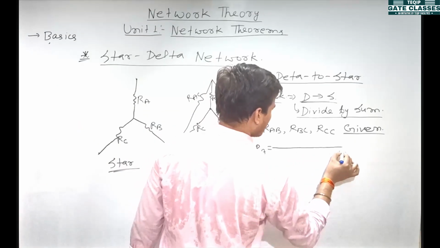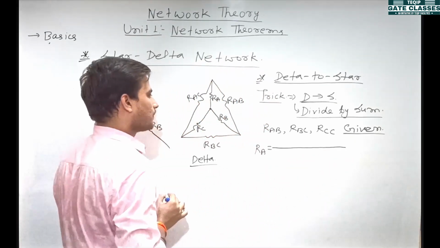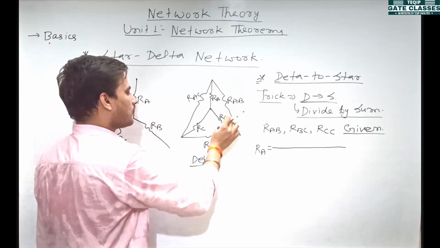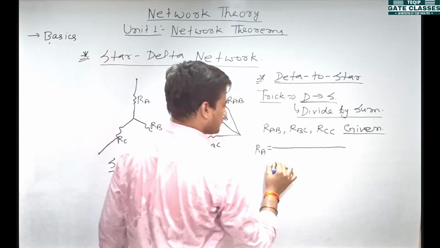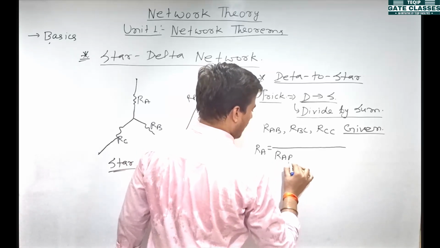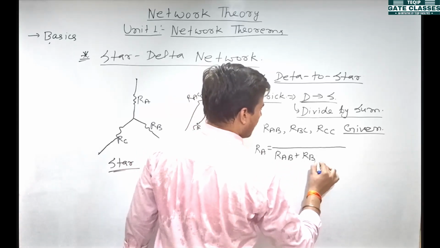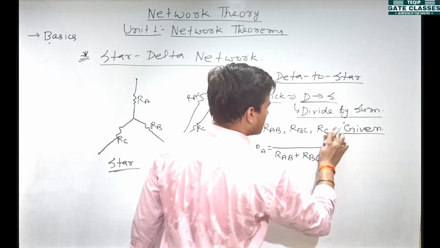So, divide by sum: at the denominator it will be the sum of all the three resistances, that means RAB plus RBC plus RCA.